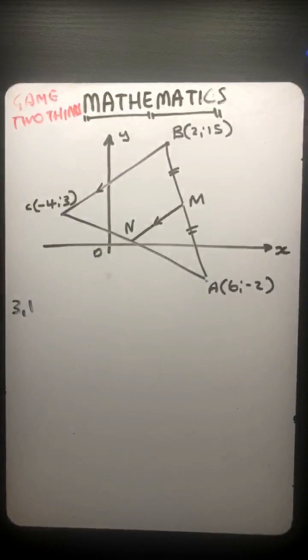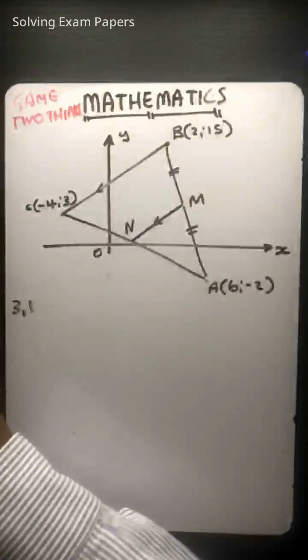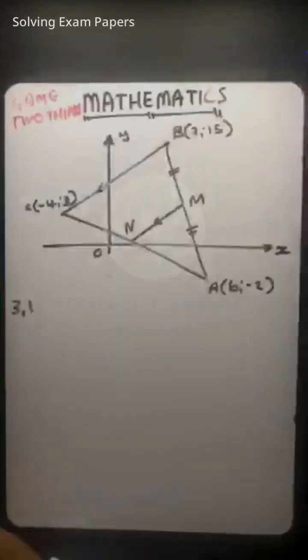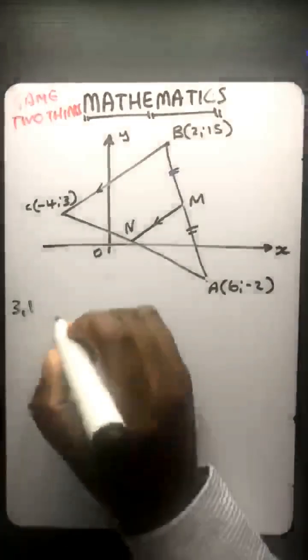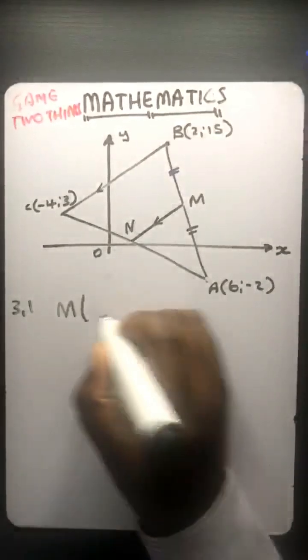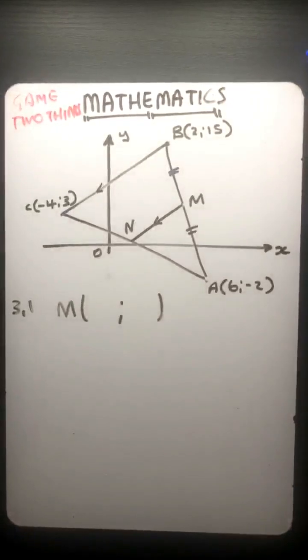I will indicate before the start of next week which chapter we'll be starting with. So the midpoint of M, what is that? I'm going to give you 2 marks if you get it correctly.